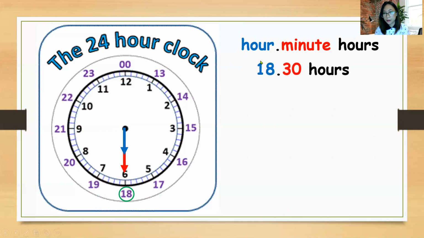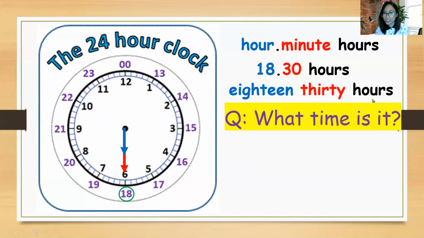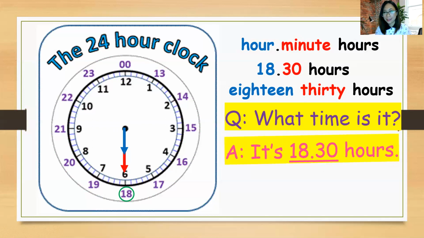So here we have 18 for the hour and 30 for the minute. 18:30 hours. We read it as 18:30 hours. Let's answer the question. What time is it? It's 18:30 hours.